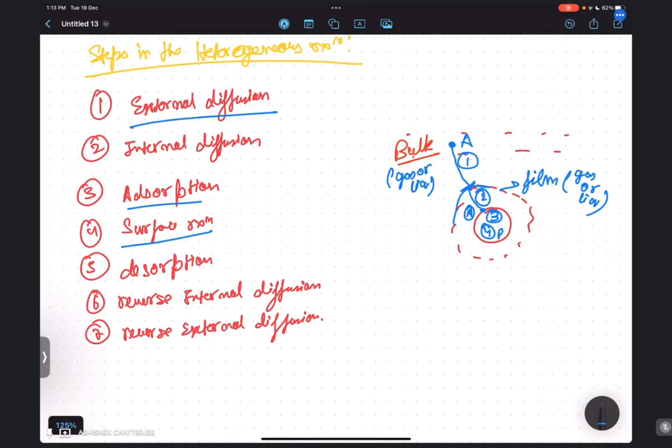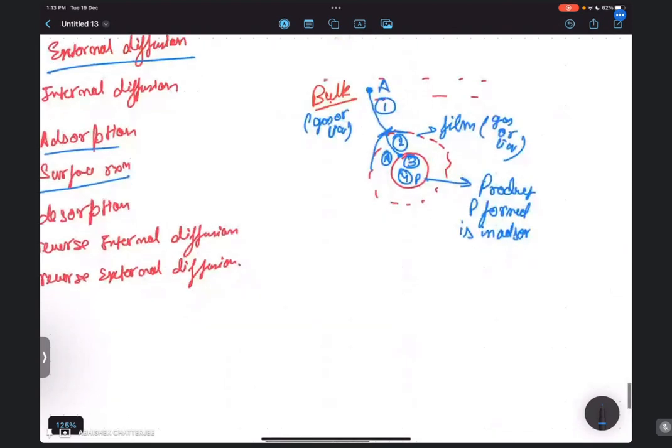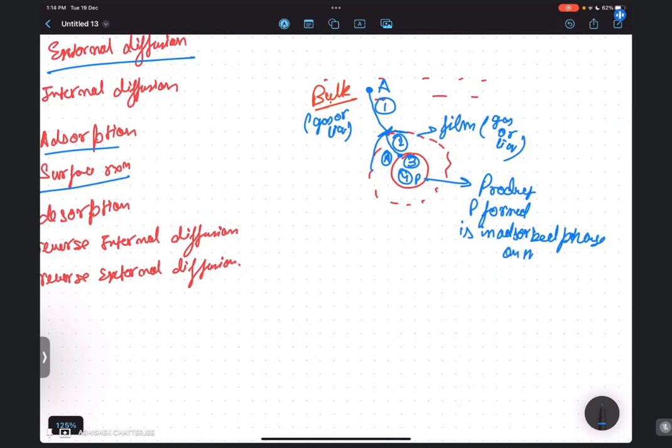Please understand this. This product P formed is in the adsorbed phase on the surface of the catalyst.